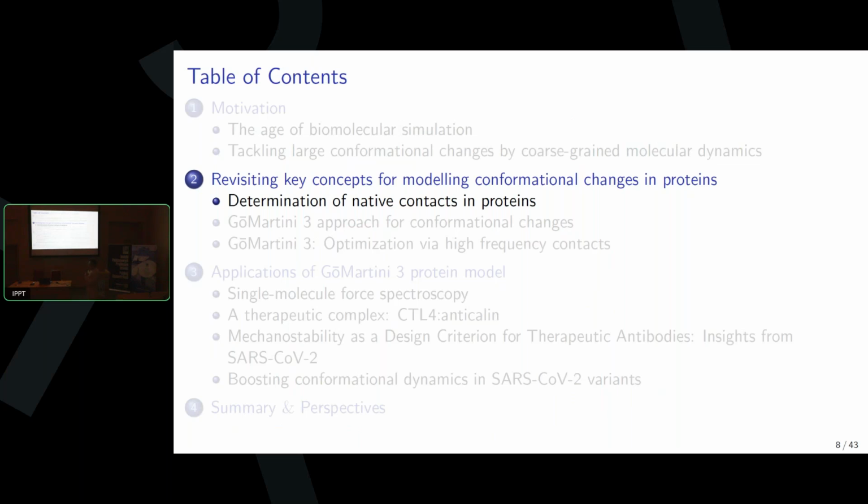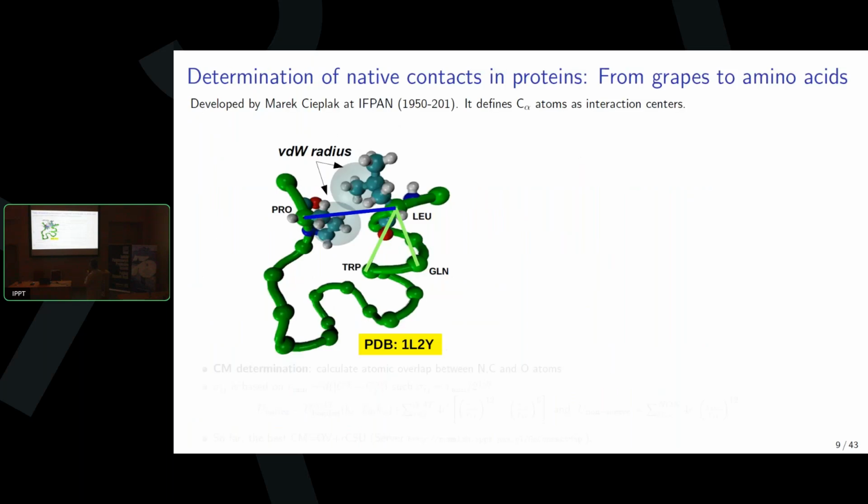Everything is rooted in the idea of the native context in proteins. It's a very robust idea that can also be extended to different biomolecular systems, even nucleic acids. It was a long time ago that I started this collaboration with Professor Marek Cieplak at the Institute of Physics, where he had a very beautiful model for proteins called the Go-like model.